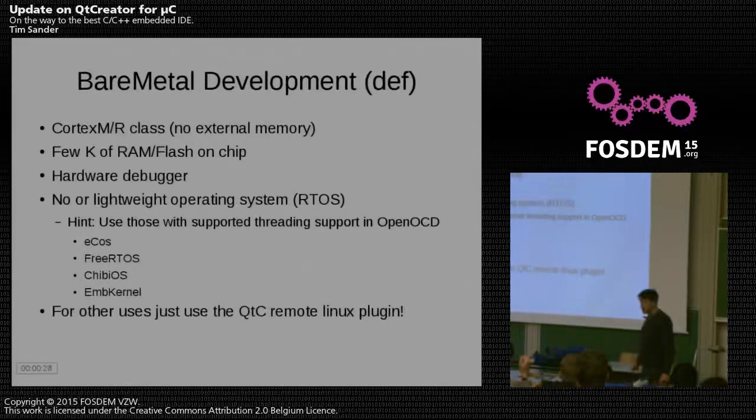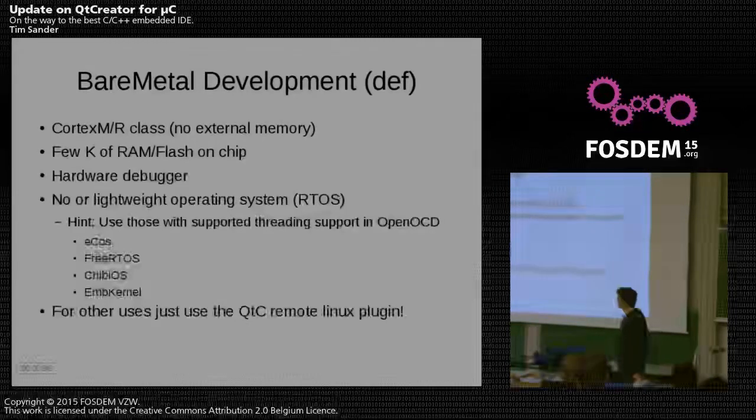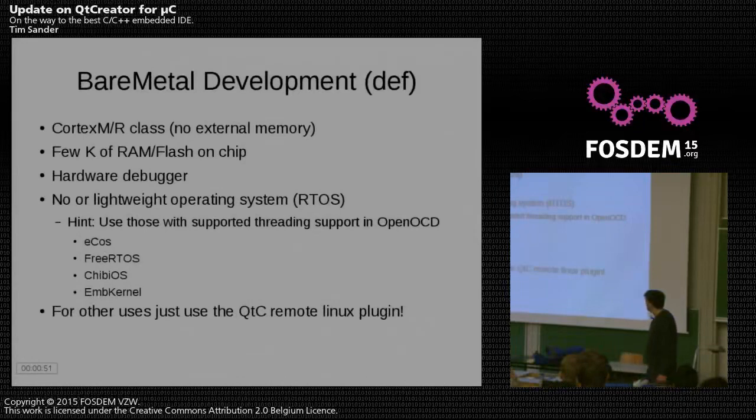They have only a few K of RAM and flash, and they're all built up on one chip, which means they're pretty cheap nowadays. So given that they are so small, you normally need a hardware debugger to talk to them. They have no or only lightweight operating systems.